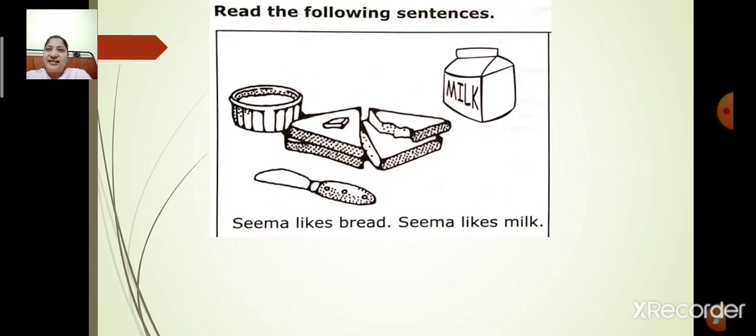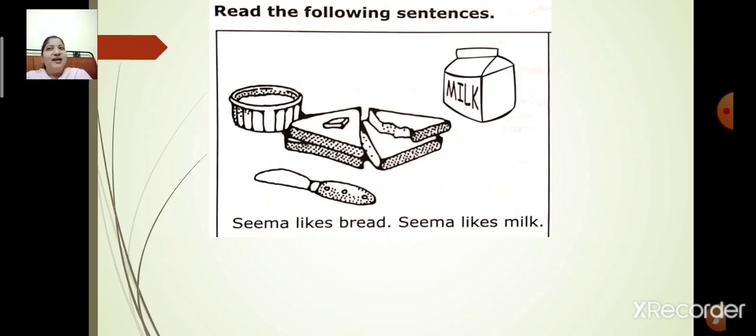Now here Seema likes two different things. In one sentence Seema likes bread and in the other sentence Seema likes milk. So children, here one person likes two different things. So who's that one person? The one person is Seema and we are talking about her likes.